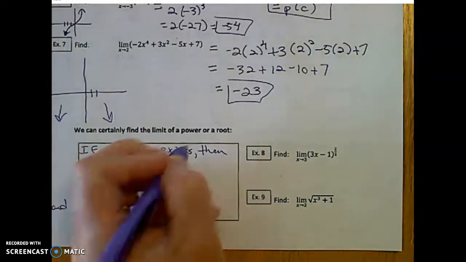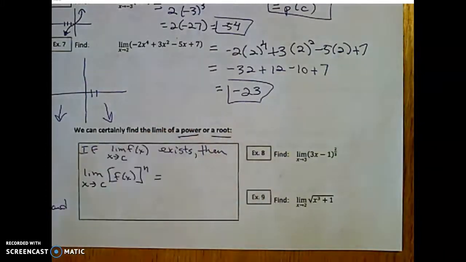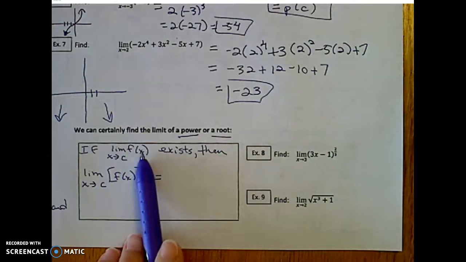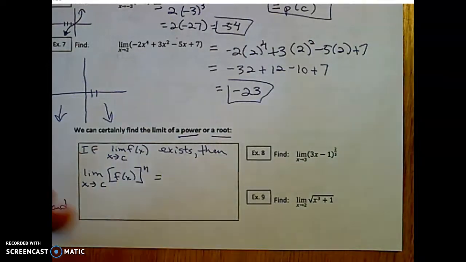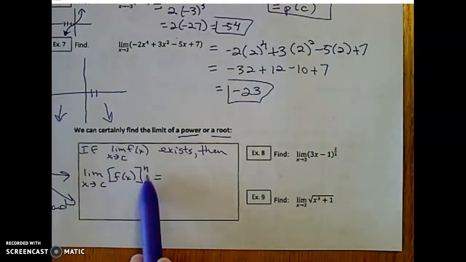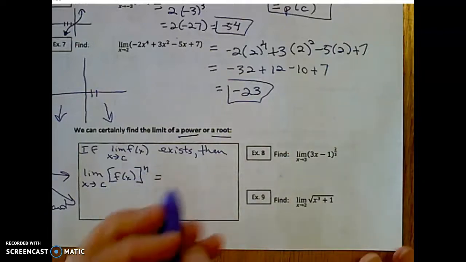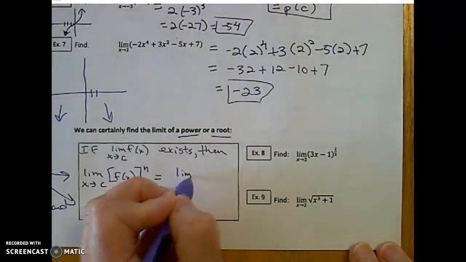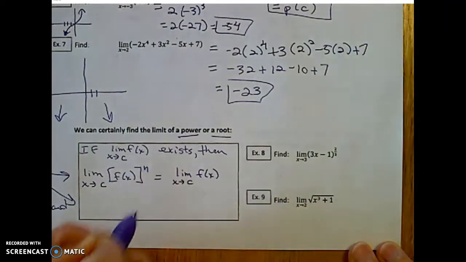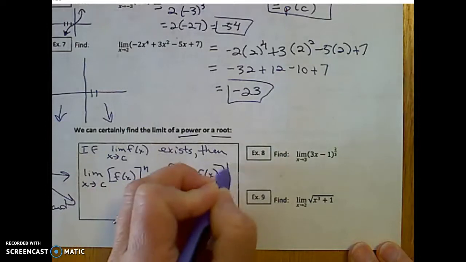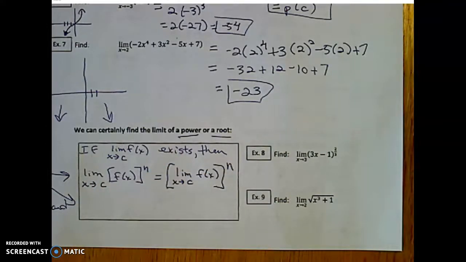All right, similarly, we can find the limit of a power or a root. If I have a limit of a function as x approaches c and that limit exists, then we get these two nice properties of limits. If you ever have a power inside a limit, raising that function to a power, that is equivalent to finding the limit as x approaches c of that function and then just raising that to that power.